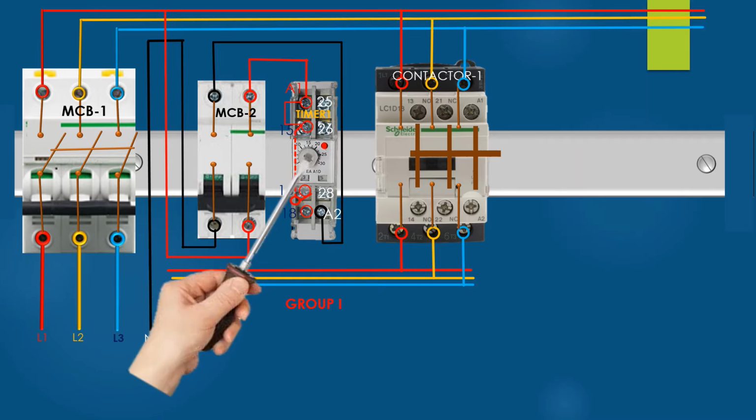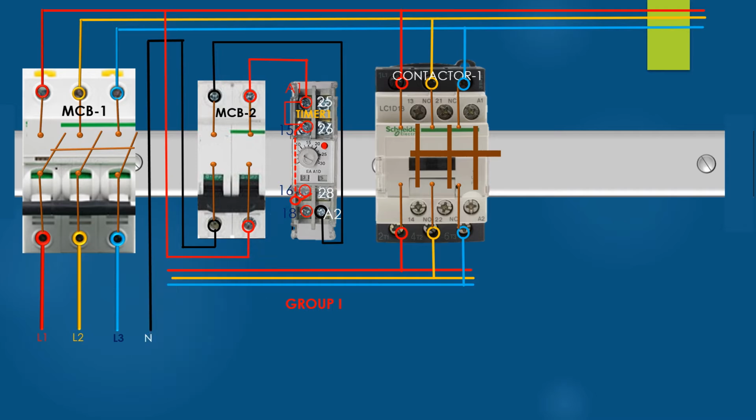Let's set the time by turning the setting screw toward the left or right with a screwdriver before applying voltage at the terminals A1 and A2 of the timer relay. Don't set the time of the timer after applying voltage at A1 and A2.